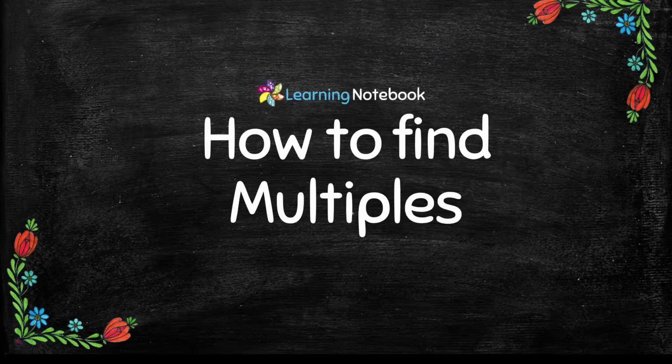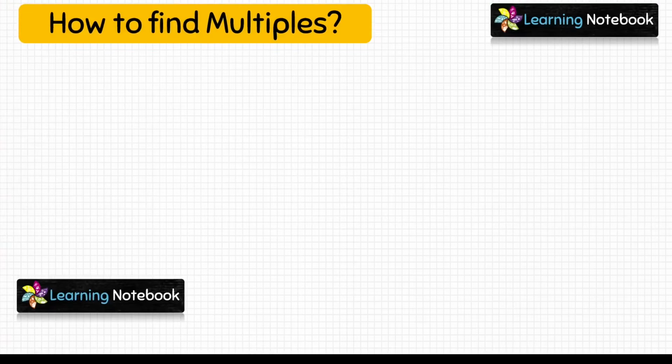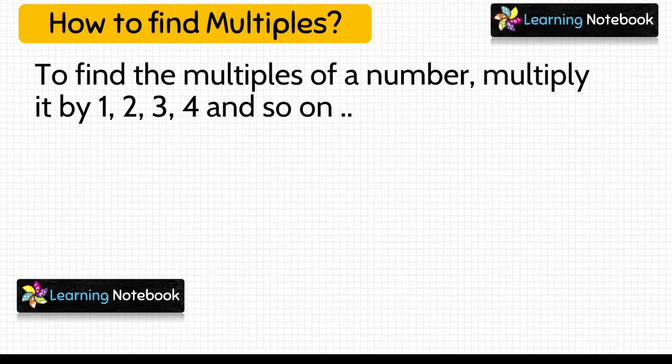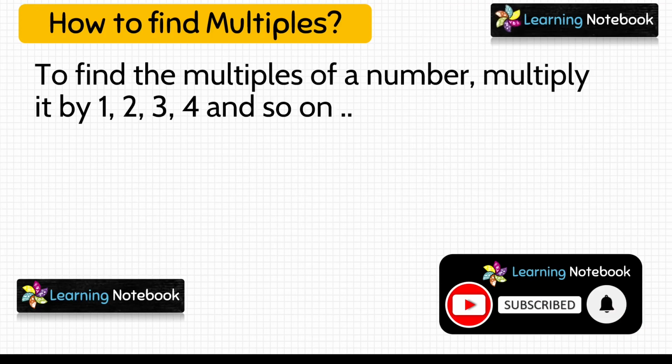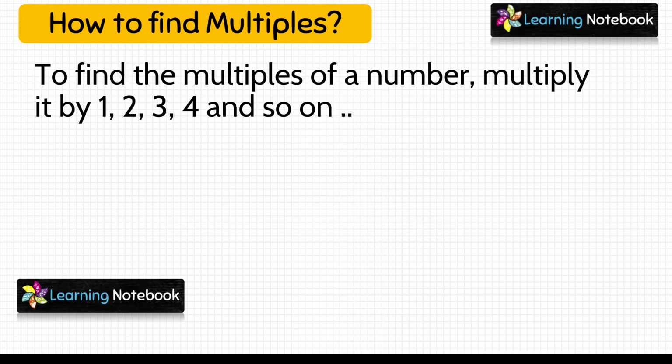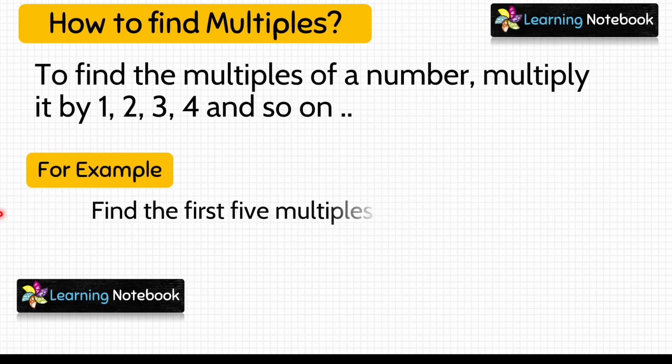Now let's understand how to find multiples. To find multiples of a number, multiply the number by 1, 2, 3, 4, 5 and so on. Students, let's understand it with the help of an example. Find the first 5 multiples of 7.